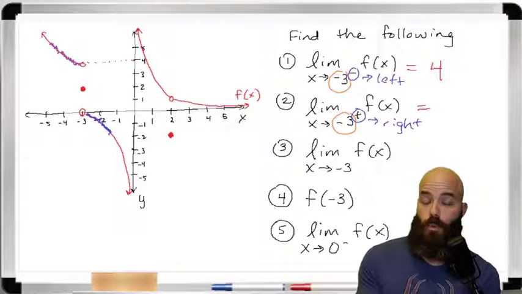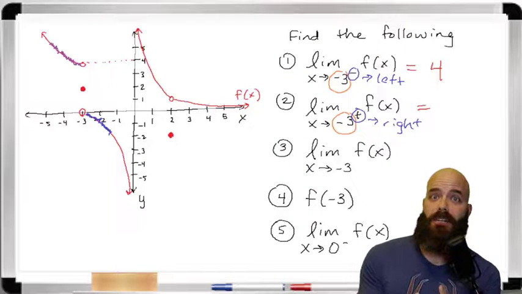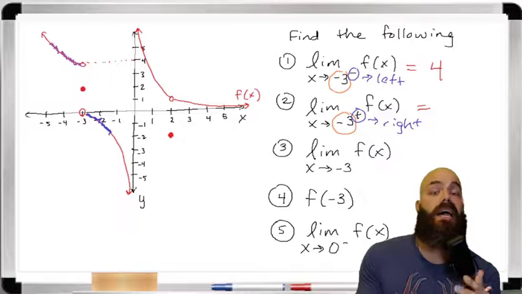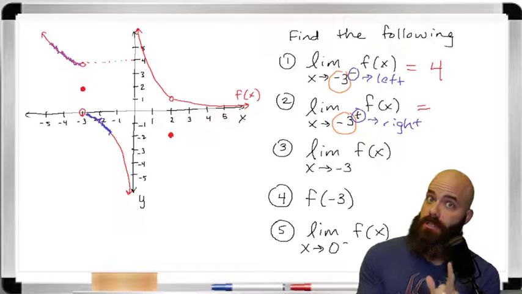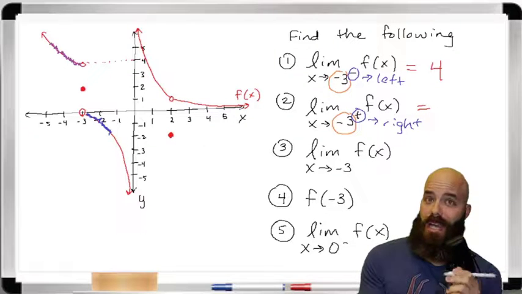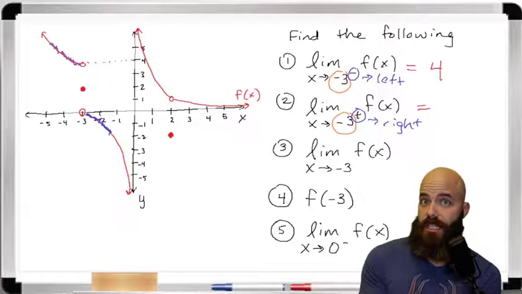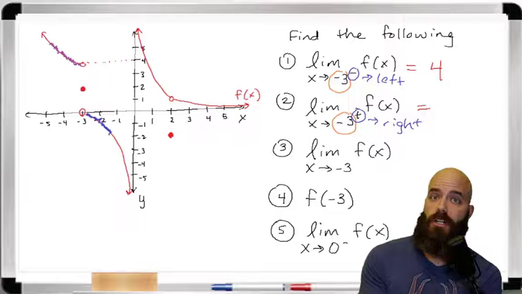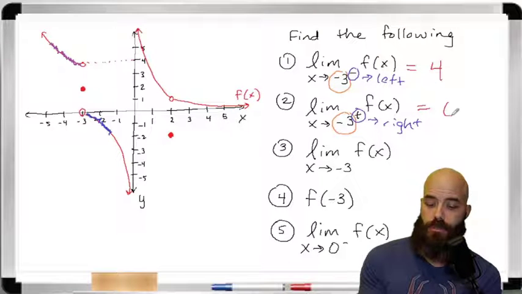We're getting as close to -3 as possible from the right side. So think of values such as -2.9, -2.99, -2.99999, as close as possible, but don't touch -3. And what you'll find is, as x values get closer to -3 from the right side, your function values get closer to 0.